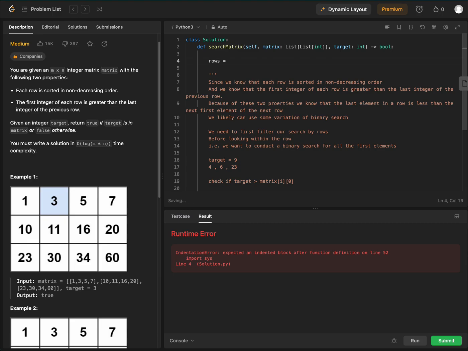Rows. So how can I create the first element of each row? I want to have the first element, so I have rows and then I have the first element of each row, 1 3. Matrix.